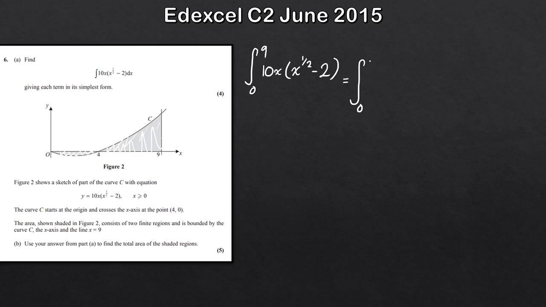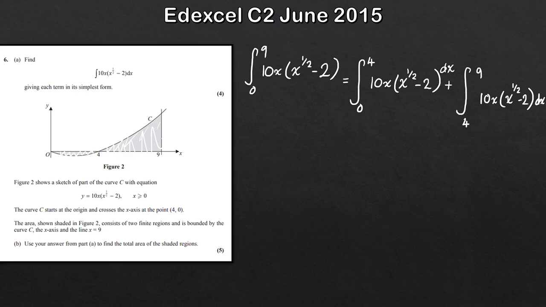So we're going to integrate from 0 to 4 here, that's the part underneath the x-axis, so that's 10x times x to the half minus 2, and then we add the second part here, so that's going to be from 4 to 9, and I'm running out of room a little bit, we should just about have enough. x to the half minus 2 there with respect to x. Okay, you should have a dx there as well. So this is often the case, and this is what you'll do quite a lot of the time, is you'll split your integral up into two different parts.